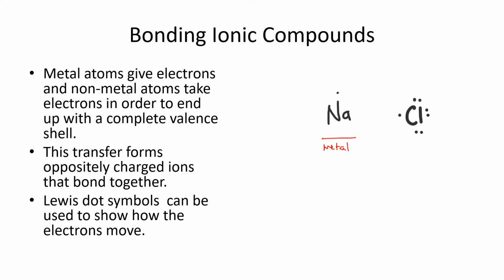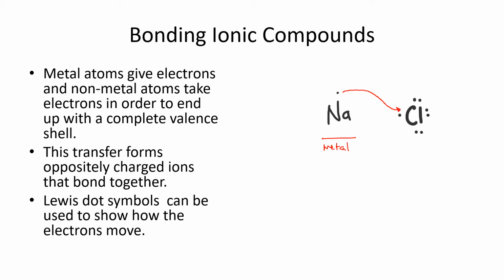We did this when we were coming up with their charges. They will give electrons up in order to become isoelectronic, or have the same number of electrons as a noble gas. And where those electrons go is often to another atom that would like to receive them.